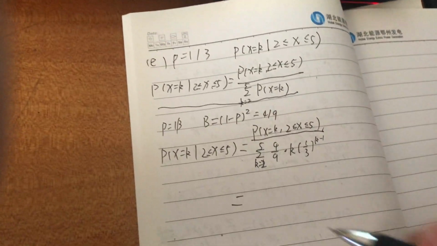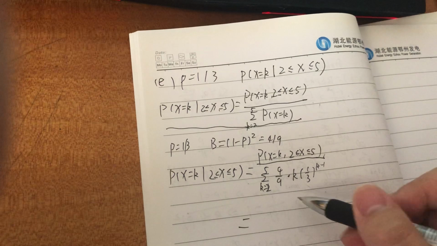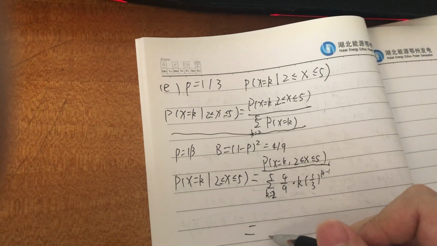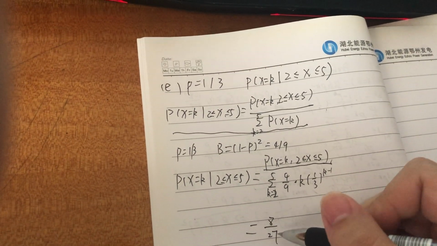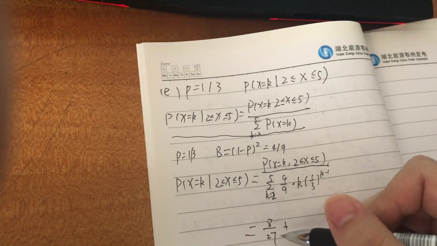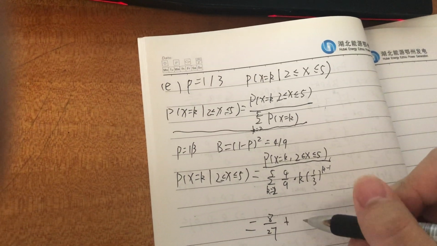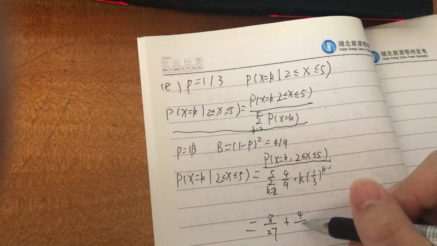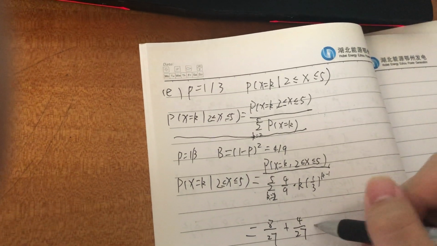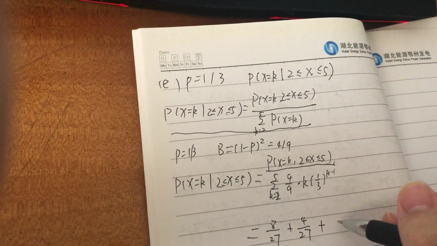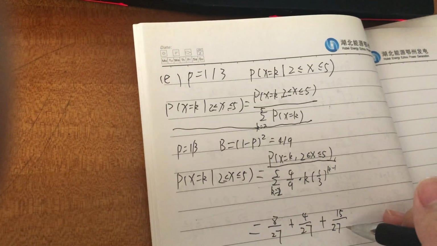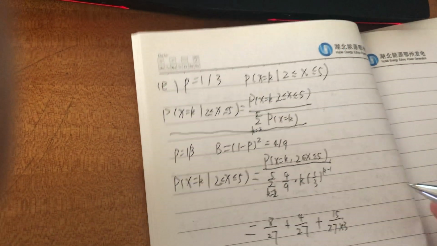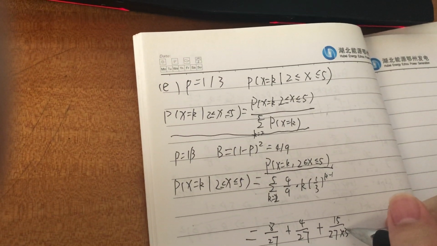And we can calculate here, from the 2, like we calculate 8 over 27, plus, that's k equal to 2 and k equal to 3, we can get 4 over 27, and we can get one more, which is 15 over 27 times 3, not 3, sorry, actually I need to check.